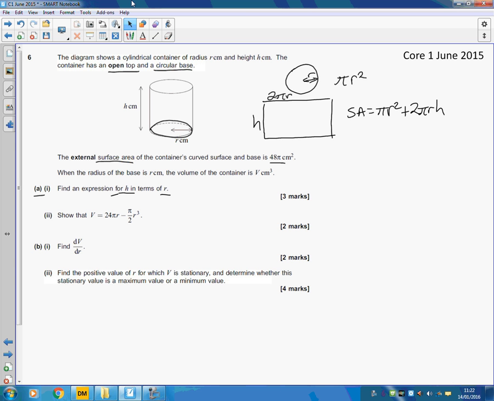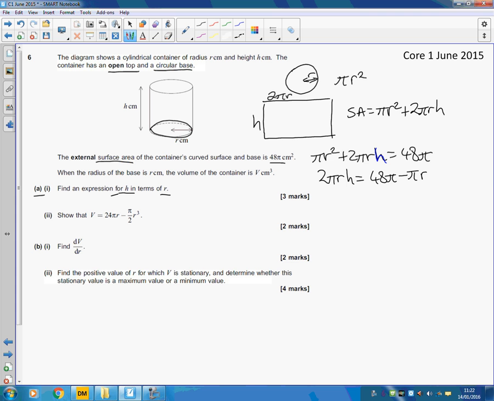Now they've told us that the surface area is equal to 48 pi, and now we're just going to need to rearrange that to get h. So 2 pi r times h is 48 pi minus pi r squared, and then all we need to do is divide by 2 pi r.